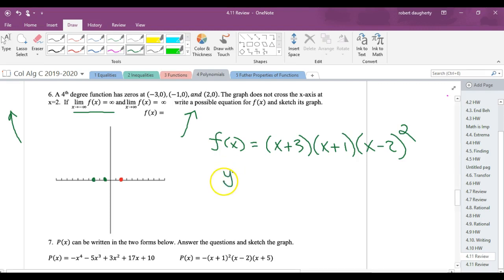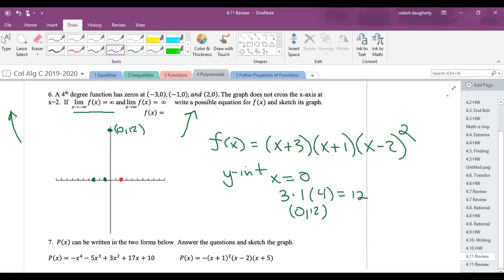So the y-intercept, when you set x equal to 0, is going to be 3 times 1 times 4. So (0, 12) is going to be the y-intercept. So let's just make sure that works. Can this polynomial do everything that it needs to do? Start at the top, cross, and yeah. So it's going to start doing something like this.